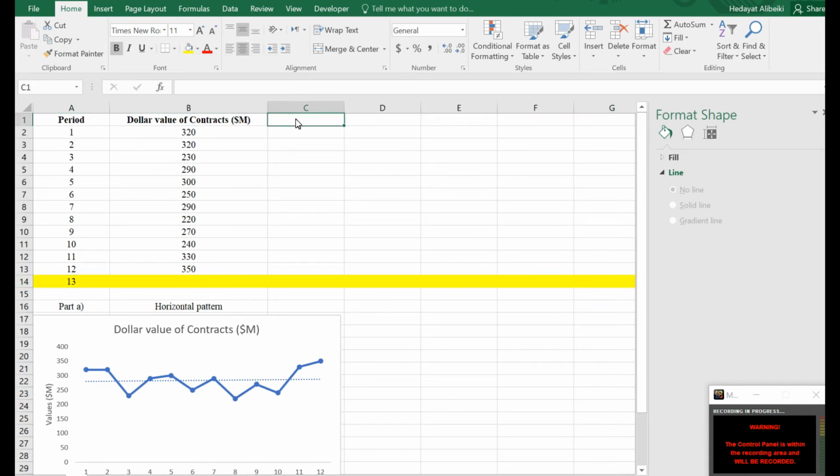So I'm going to start with moving average and K equal to 4, which basically means that I'm going to use the past 4 months.